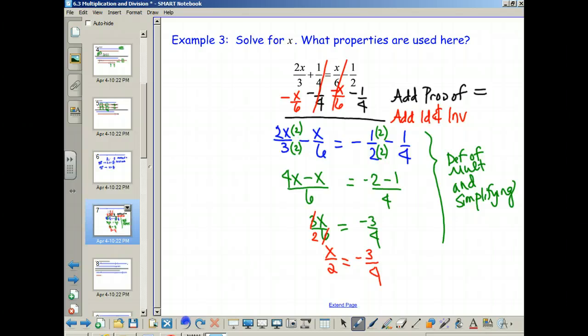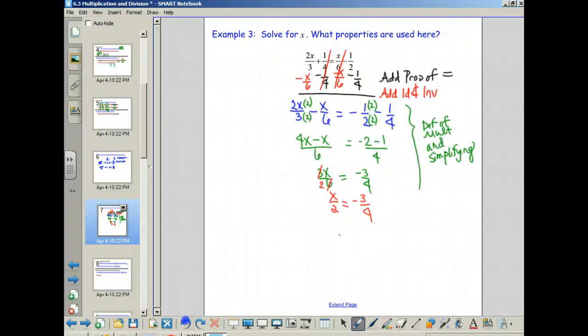And then my goal is, again, to get x alone. So I will multiply by, this is the same as having 1/2 on the left, so I will multiply by the multiplicative inverse of 1/2, which is the number 2. This is the multiplicative property of equality. And then this 2 and this 2 here, those are going to simplify right to the number 1.